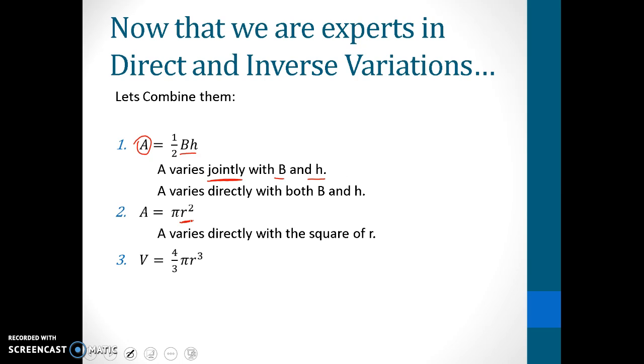Here we have the volume is 4/3 pi r cubed. That's the volume for a sphere. We have one variable. The K value is 4/3 times pi, so this whole thing represents the K value, and we would say that V varies directly with the cube of r. So those are some examples of direct variations where we have more than one variable that's varying directly.